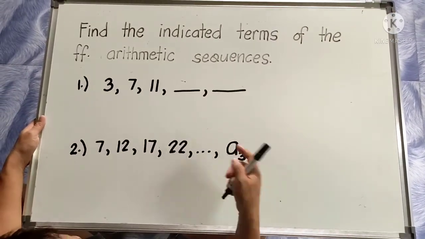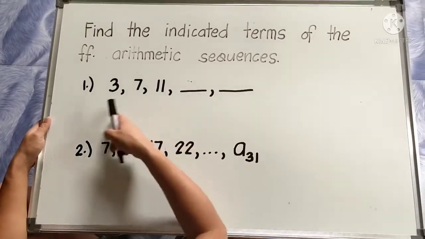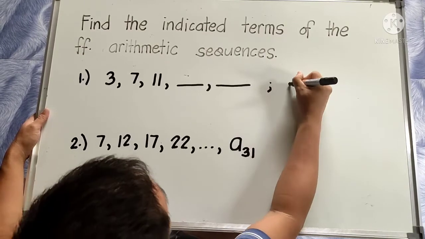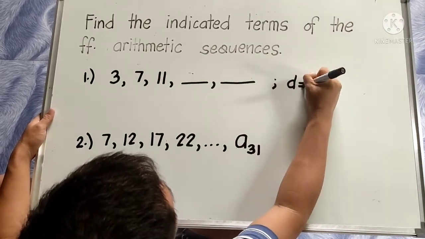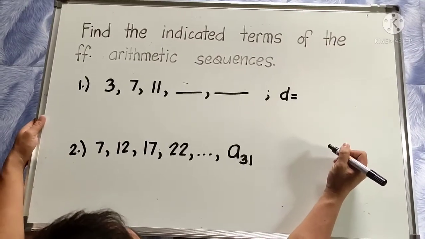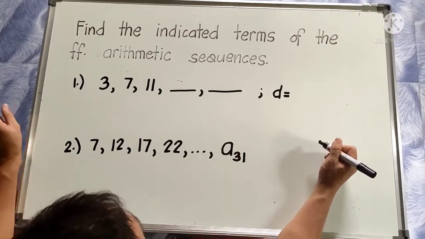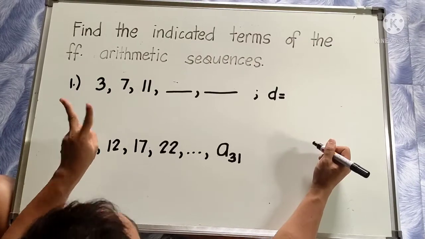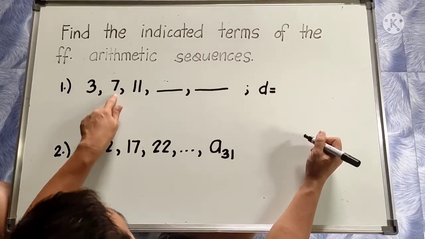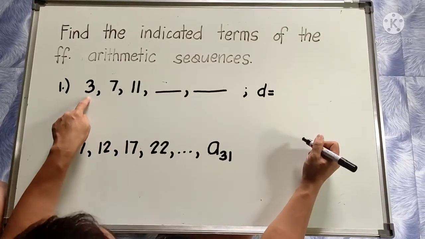So, to be able to give the missing terms for number 1, the first step is we need to find the common difference represented by a small letter d. To get the common difference, all we have to do is to choose any two consecutive terms of the sequence. So you can have 11 and 7, or you can have 7 and 3.